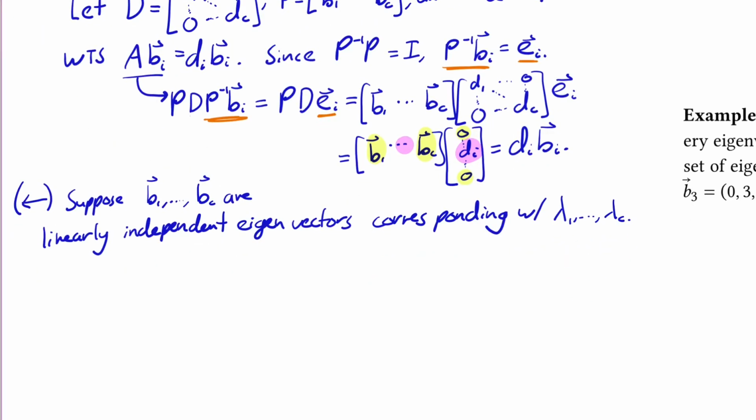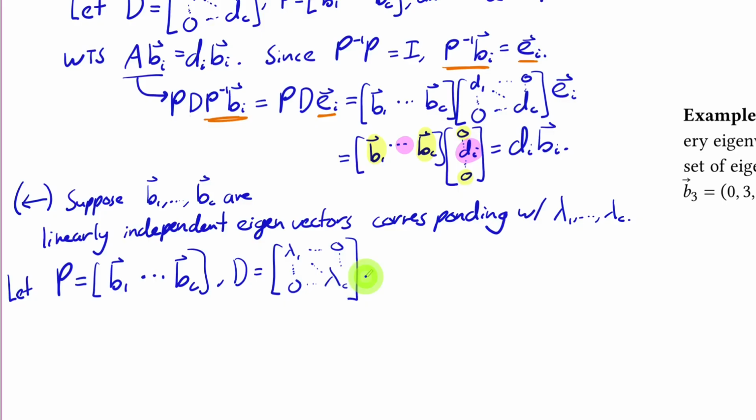So we're supposing we have these linearly independent eigenvectors that correspond with these eigenvalues, and we can put them in the matrices P and D, like so. And we want to show that when we do P times D times P inverse, we get A.